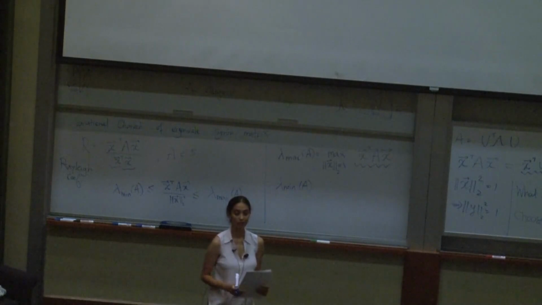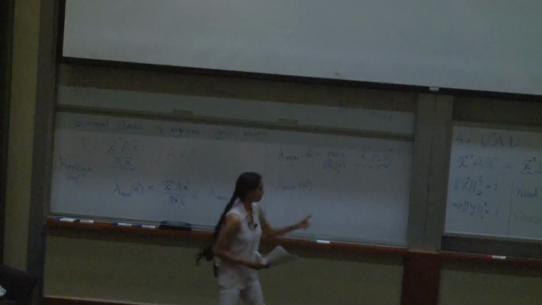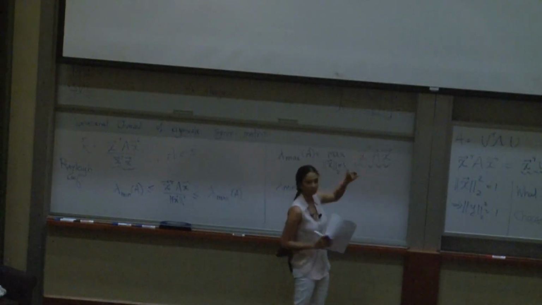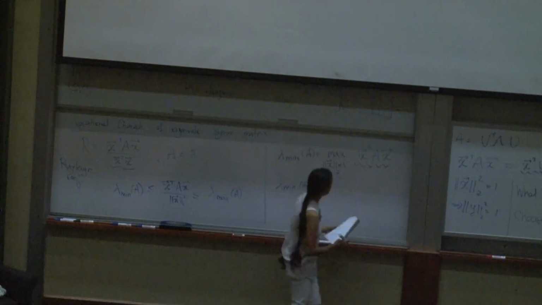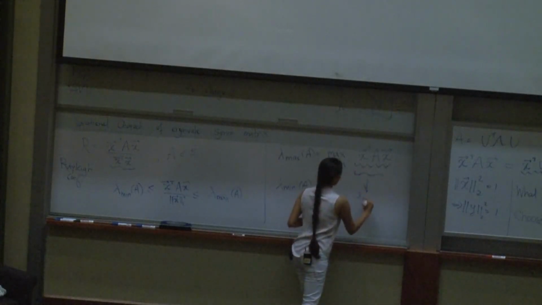Yes? I'm going to take that question after class. Good question, but basically it's something that you want to choose to achieve this. In the interest of moving on, you want to make this equal to lambda max, right?